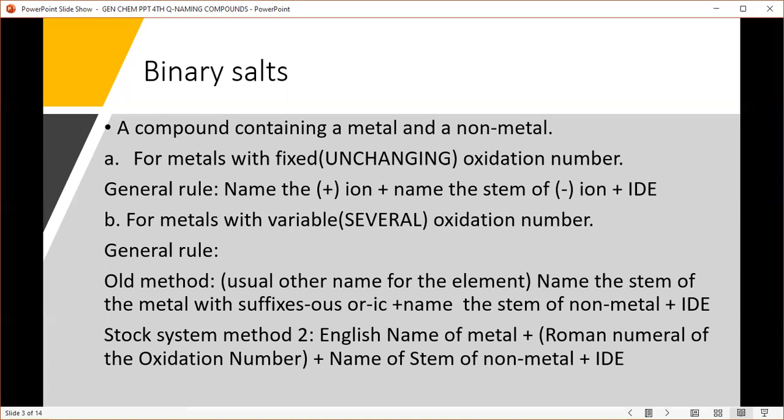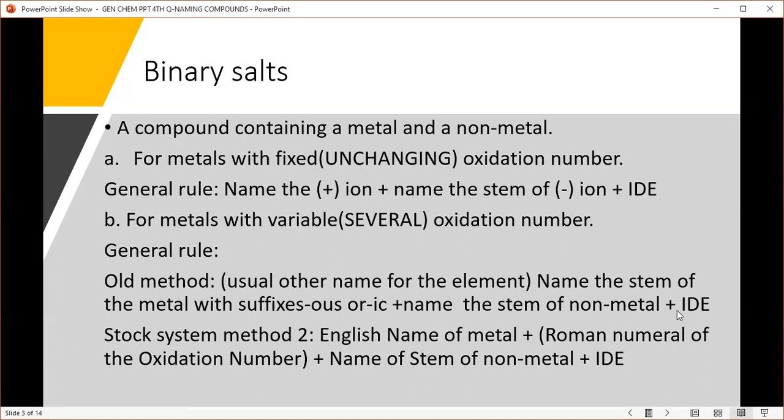Again, if it's lower, it's going to be OUS. But if it's higher than the others, that will be IC. We will apply it in our examples later on. Then name the stem of the non-metal, the same thing as this general rule for metals with fixed oxidation number.